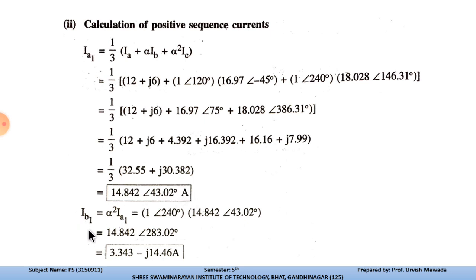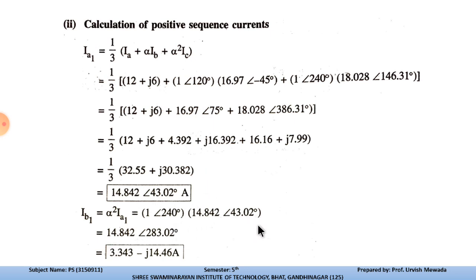Now for IB1 we have the equation alpha square IA1. Alpha square is 1 at angle 240, multiplied with IA1, which we have derived: 14.842 at angle 43.02.